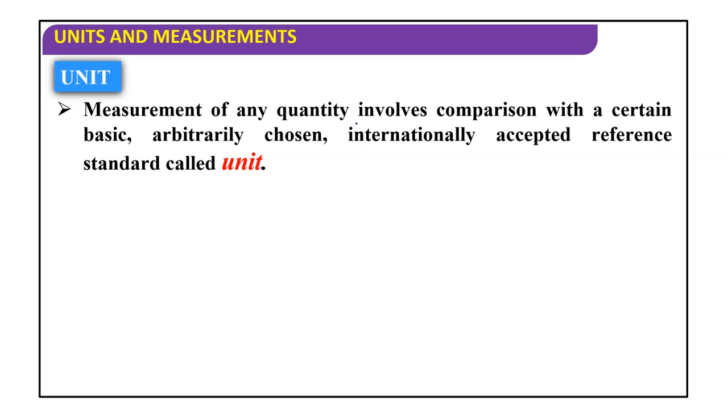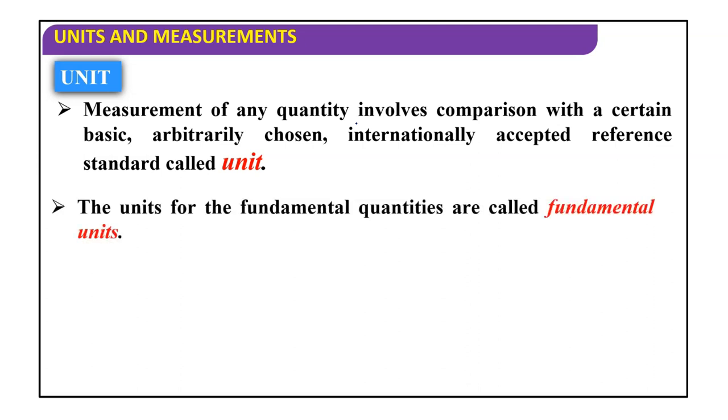If I want to buy 1 kg of sugar, but somewhere else that kg is not present, how can we judge what amount the person is actually asking for? That's why we have created our internationally accepted unit, which we call the SI unit.